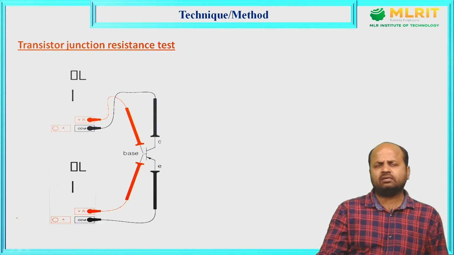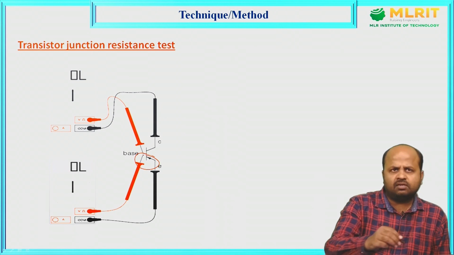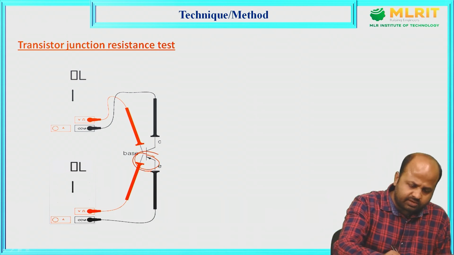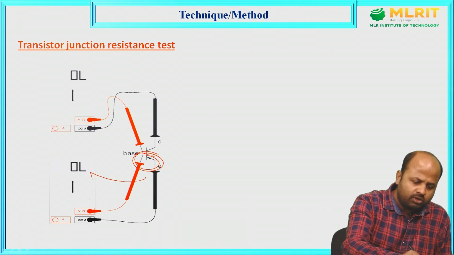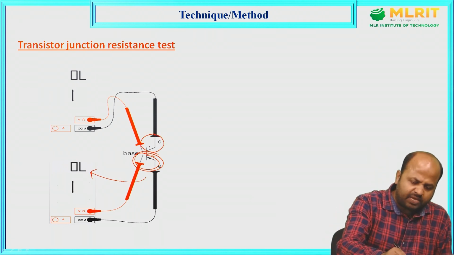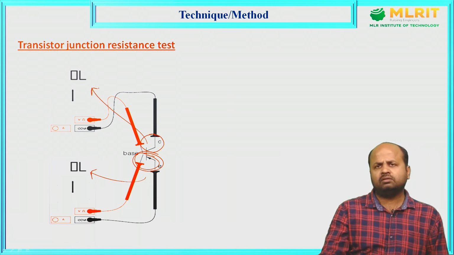So next is the transistor junction resistance test. One of the properties of a transistor is that when the junction is forward biased, it shows very low resistance, but when the junction is reverse biased, it should show infinite resistance. Here also we can see that the base-collector junction is reverse biased, so it is showing infinite resistance.